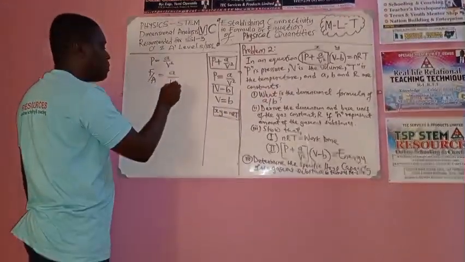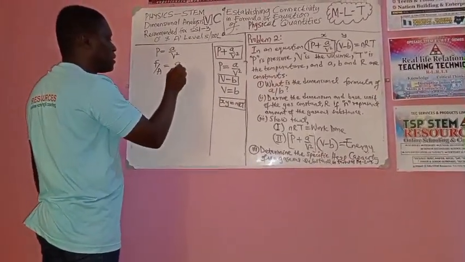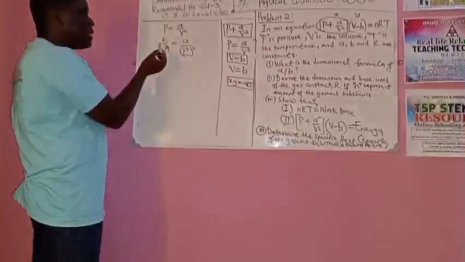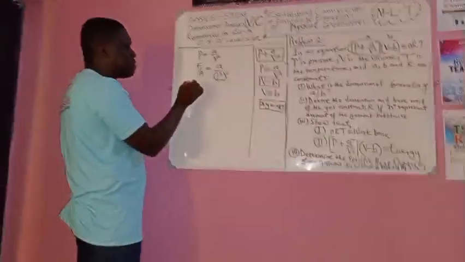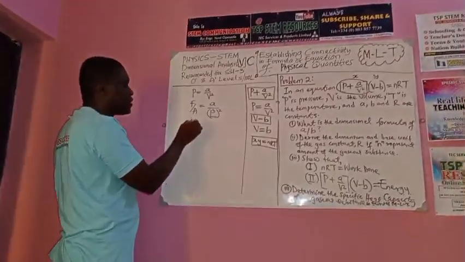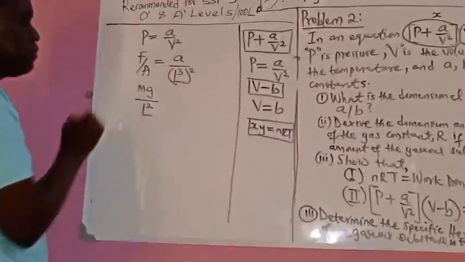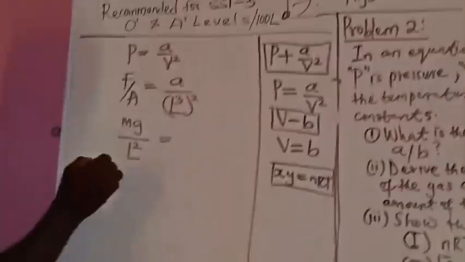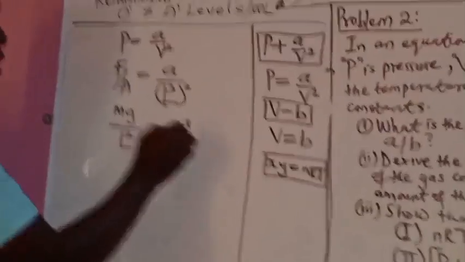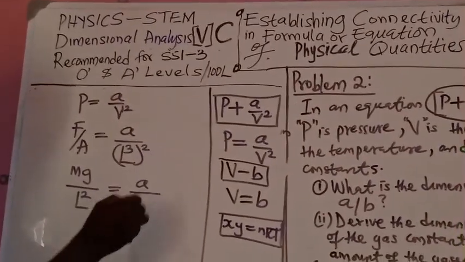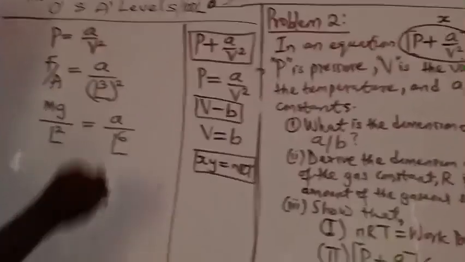Volume is L cubed, then you square it, because V squared is what we have there. Now, force is mass times acceleration, over area, which is L squared. Then, law of indices, exponent multiply exponent: 3 times 2 is 6, so L to the power 6.